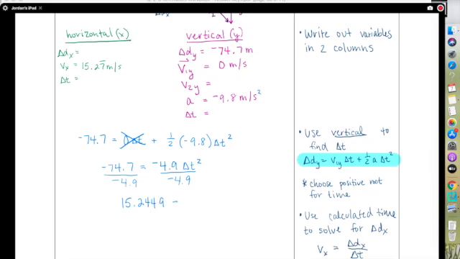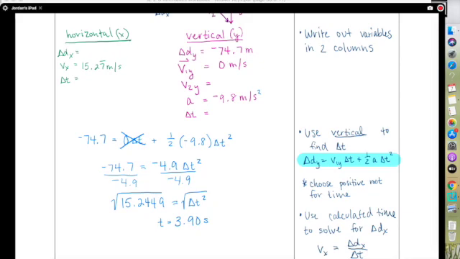15.2449 equals delta t squared, so I rounded it to 4 decimal places. Then we have to take the square root of both sides, and we're going to get that t equals 3.90 seconds. We're choosing the positive time because negative time does not make sense as far as real life situations.